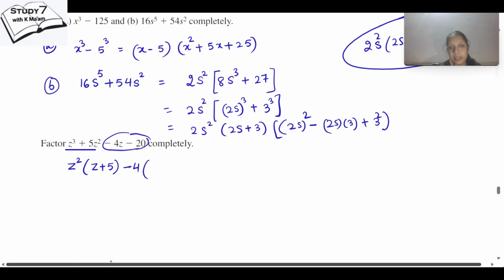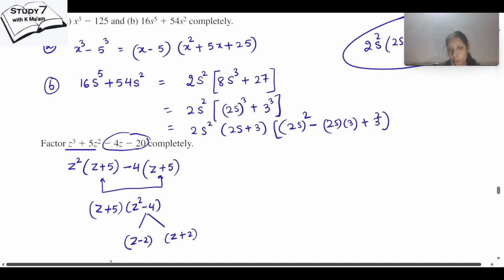And it's remaining z plus 5. Z plus 5 left. These two are the same factors. Write it once. Whatever left, then you can write it. This is not factored completely because you have z square minus 4 which can be further written as z minus 2, z plus 2, and this is z plus 5 as it is. What formula I use?